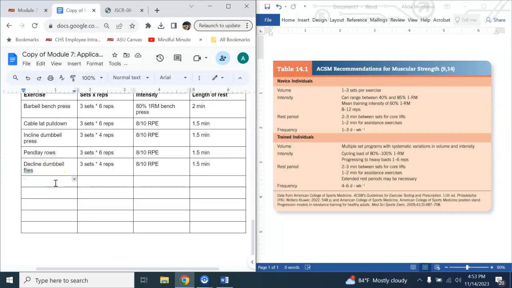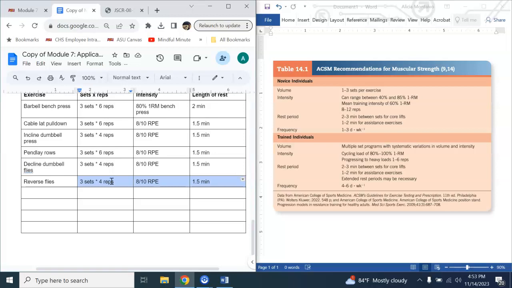So I've got rows, bent over rows. Let's see. Let's do a reverse fly. I'm going to stick with these parameters here.